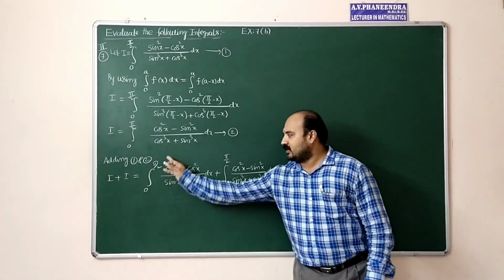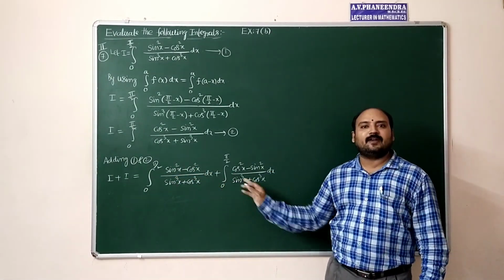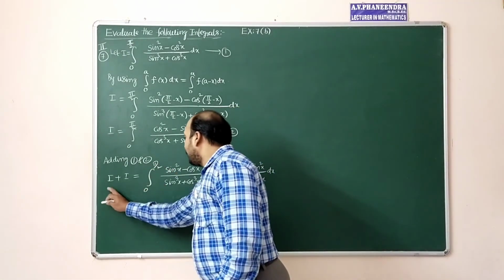Again here, limits are same and denominators are same, so you can add the numerators. So I plus I is 2I.